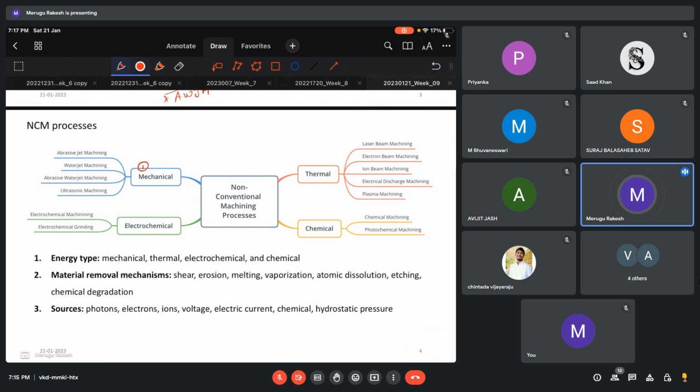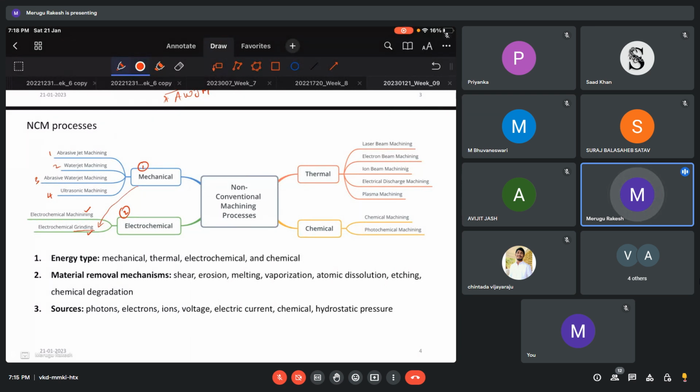Don't be confused with the grinding: we just replace the tool with a rotary tool, so the mechanical action also comes into play. But the main reason for material removal is the electrochemical process.